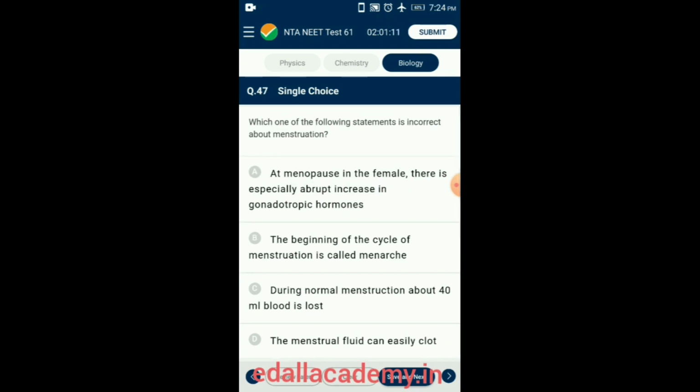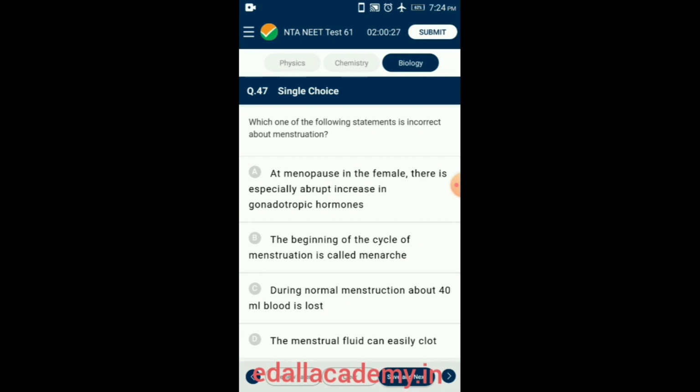Question number 47. Which one of the following statements is incorrect about menstruation? Normal menstrual blood does clot. Menstrual blood contains not only blood but also tissues from the lining of the uterus. The female body typically releases anticoagulants to keep menstrual blood from clotting as it is being released.